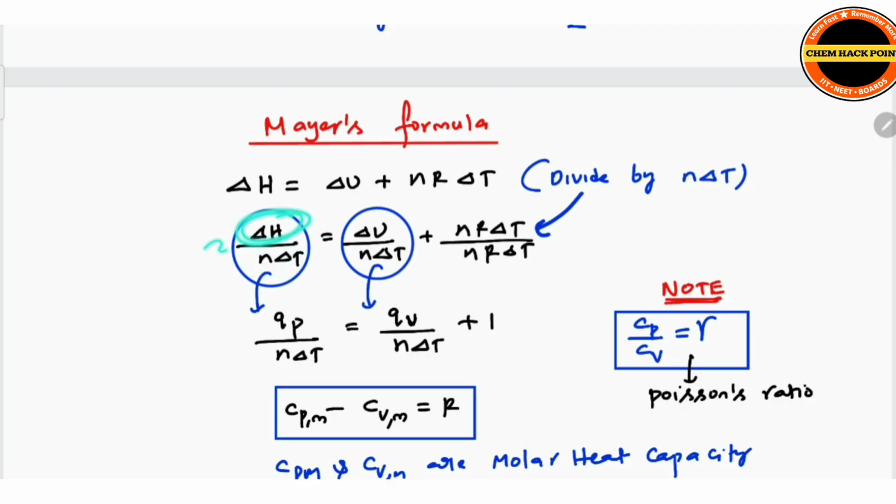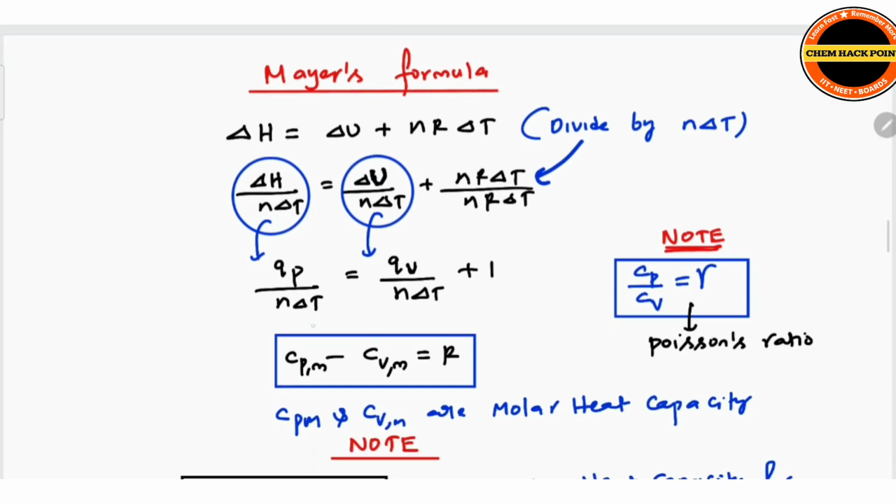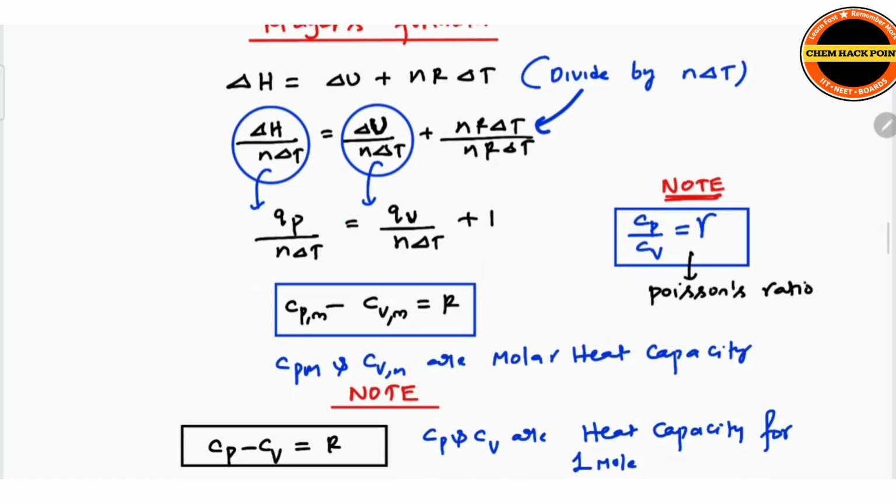In place of delta H, what can you write? Qp. In place of delta U, Qv. After division, here you will get 1, because same values. This particular value you can write as Cpm. Qp by N delta T, so what can we specify here? Cpm minus Cvm is equal to R.